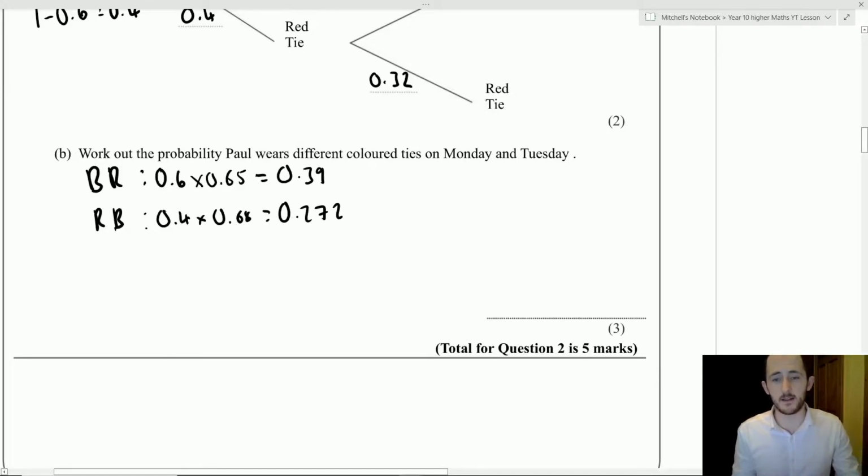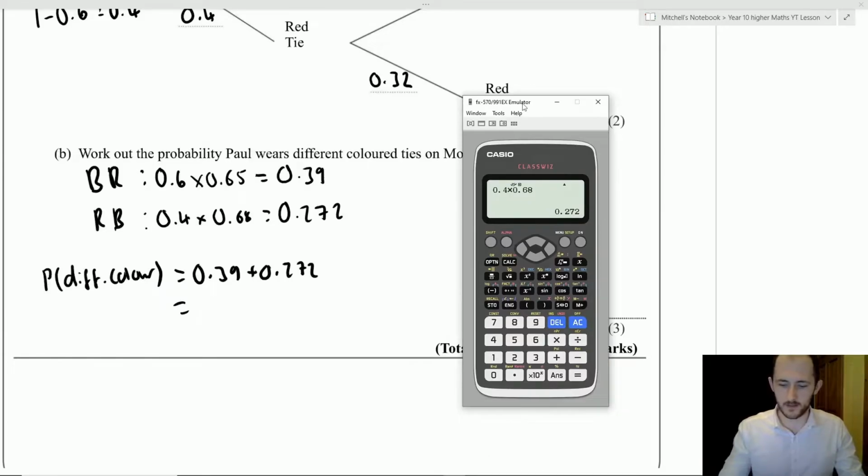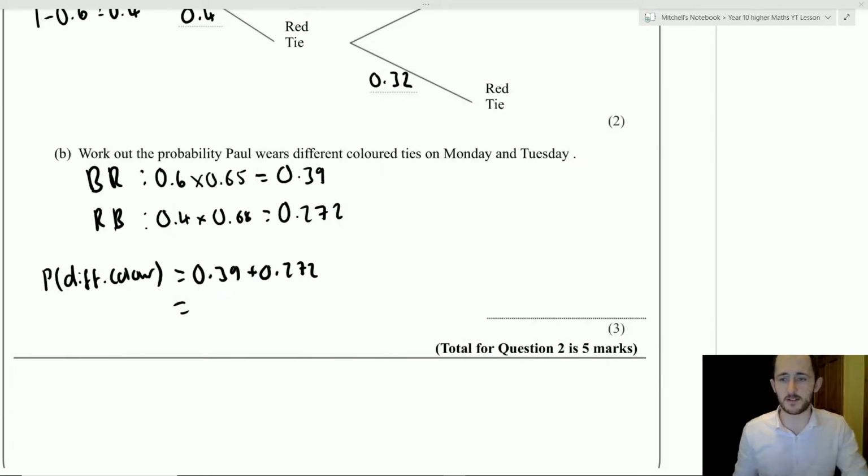But again, the probability of wearing a different colour is both of those things added together. Okay, so 0.39 plus 0.272 gives me 0.662, and that's our final answer. And again, that's 3 marks.